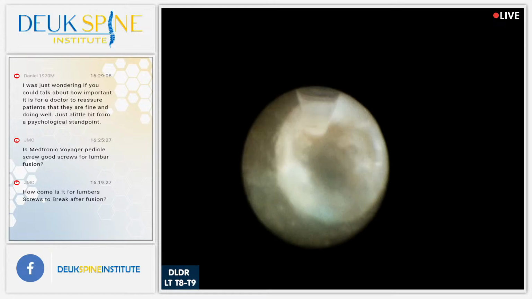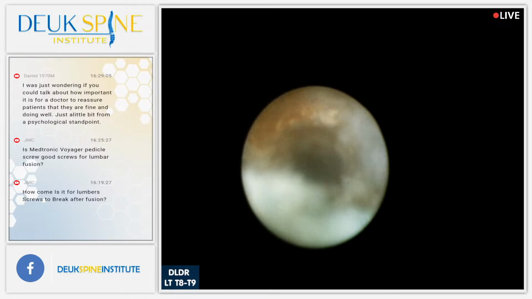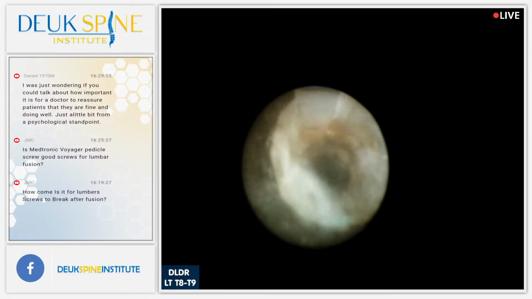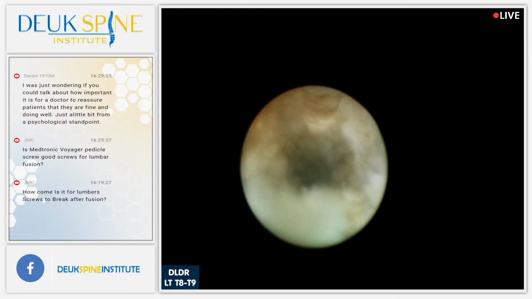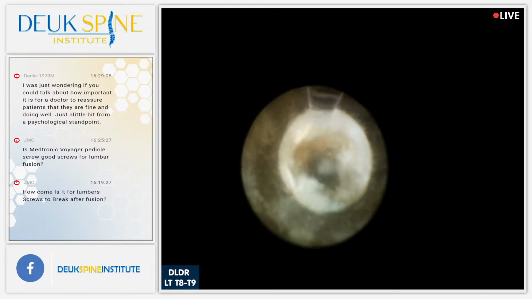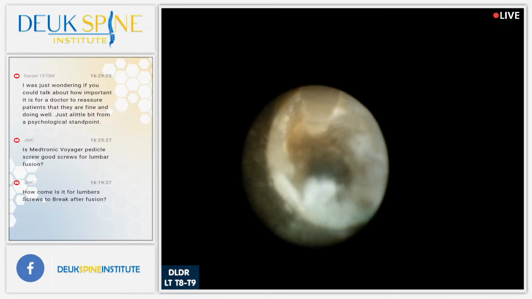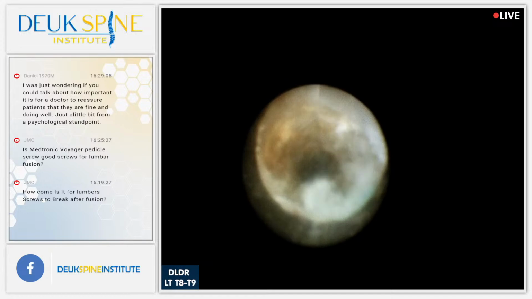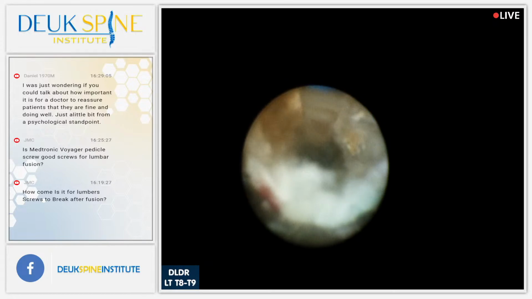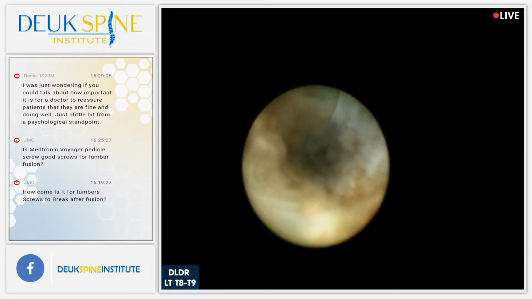But it's not common to have broken screws, but it does happen, and it can either be because of the patient or the surgeon. And honestly, it just depends on the individual circumstances of the patient and what's going on.